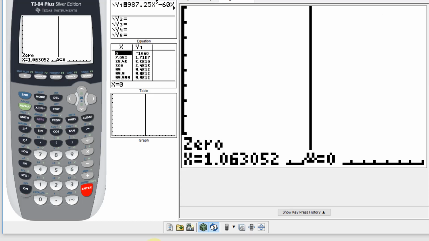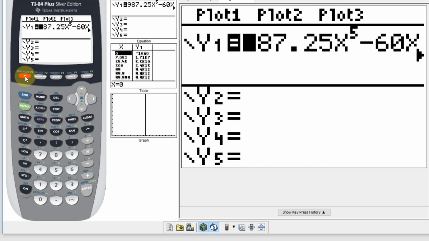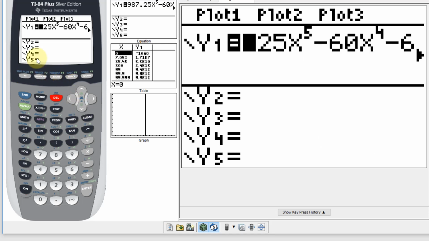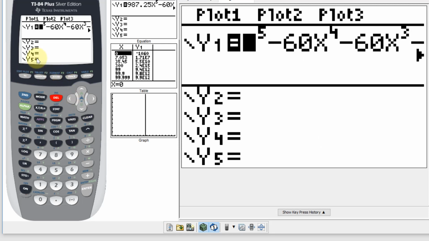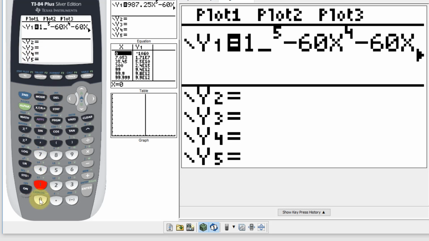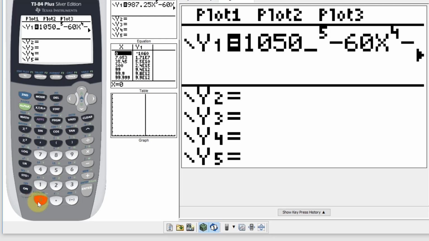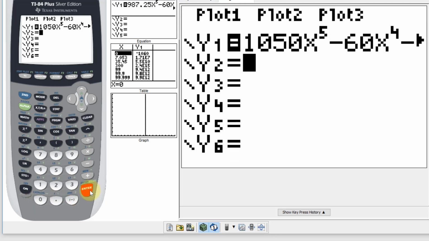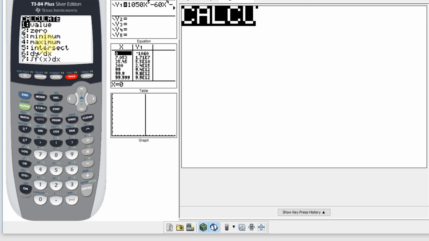On the calculator, it just means deleting this and then inserting a different value, 1050, and then do second calc.